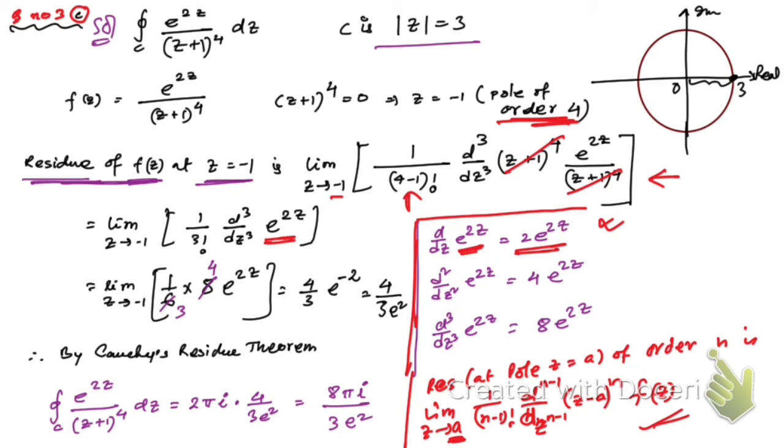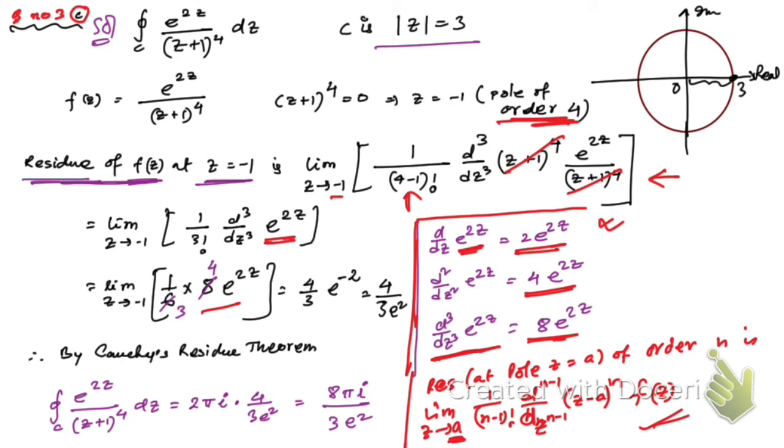If you differentiate it again, it's 4e to the power 2z, and if you differentiate it again, that means the third order derivative, then 8 into e to the power 2z. That's what we have got here. So this 8 is cancelled by this 6, both cancelled by 2: 2 fours are 8, 2 threes are 6.